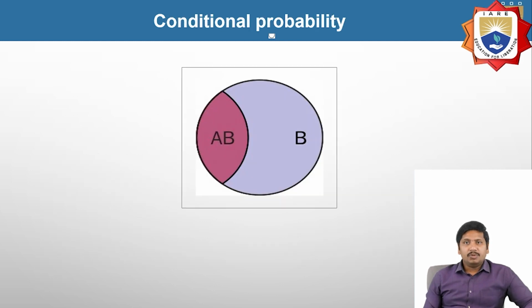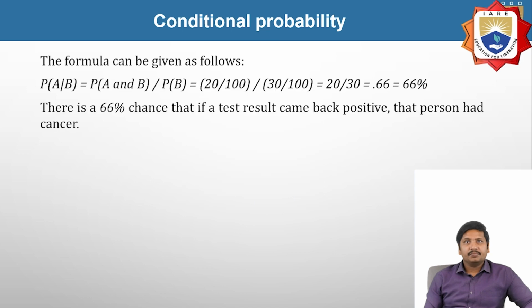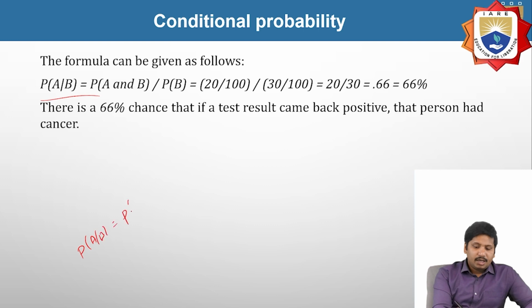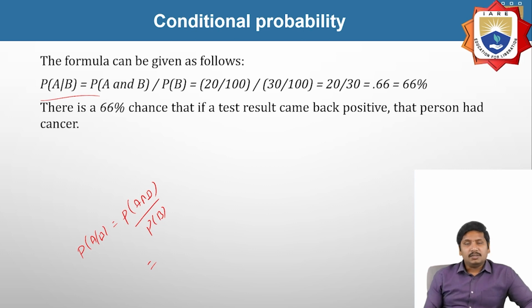The entire thing is the universal set, and this is B and the probability of B. The formula for calculating conditional probability is: the probability of A given B is the probability of A intersection B divided by P of B. Then if I substitute the values, I get the result, which is 66%.